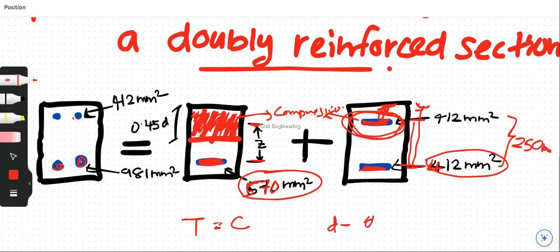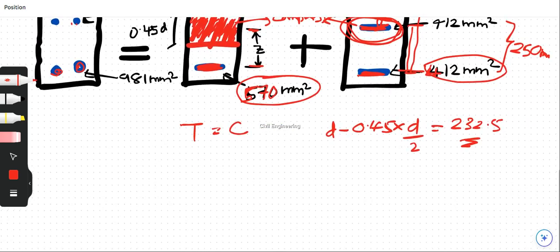We can find it as d minus 0.45 into d over 2, that is 232.5, as d is equal to 300.